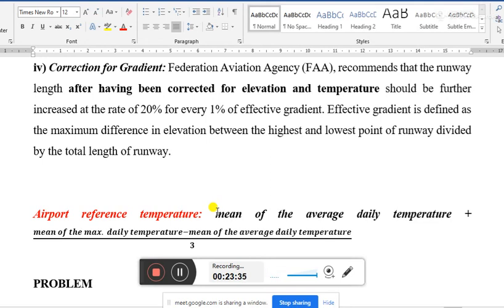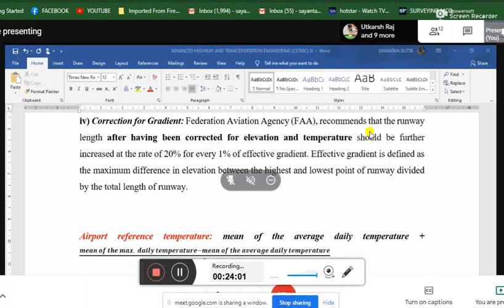For that area, the temperature data for a minimum of 1 month will be given, and from that you will be able to calculate these values. Okay, up to this, is there any query?